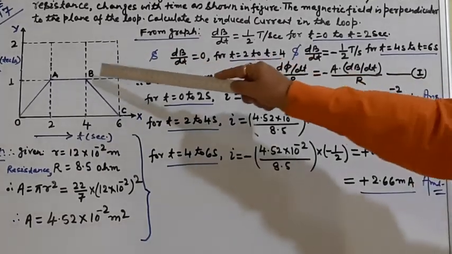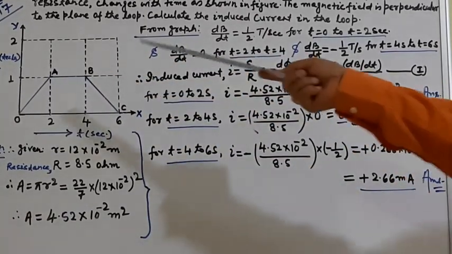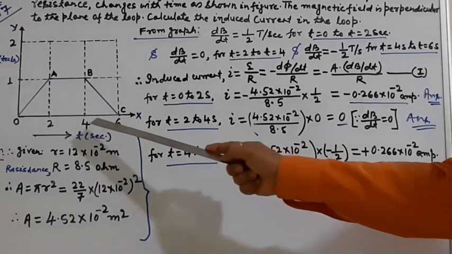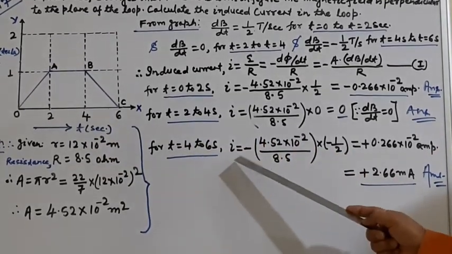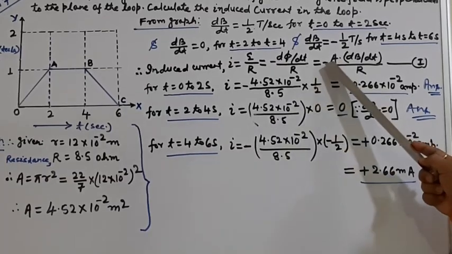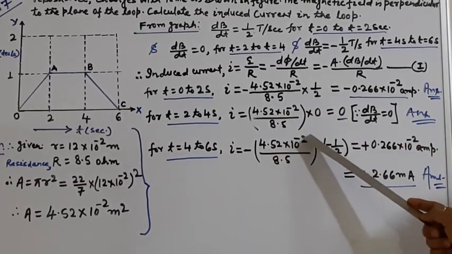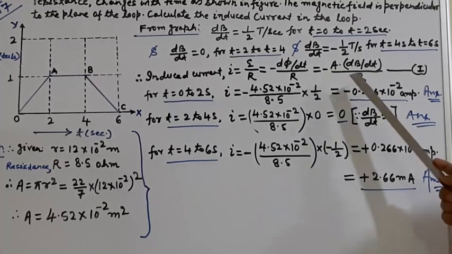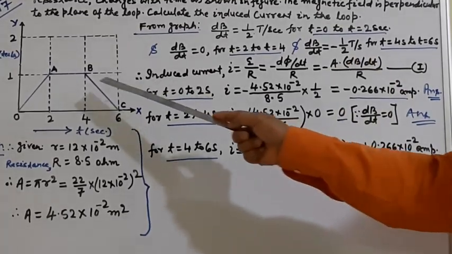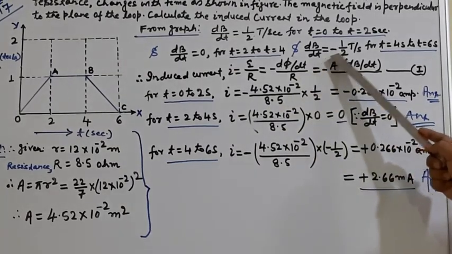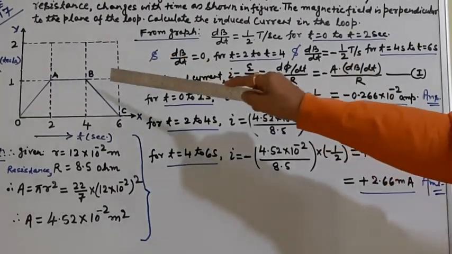Now the last portion BC, where the magnetic field is decreasing. It means from time t is equal to 4 seconds to 6 seconds. Induced current I is equal to minus, area is 4.5 into 10 to the minus 2, divided by the resistance 8.5. Again dB by dt for this portion BC we have calculated as minus 1 by 2, because it is decreasing.